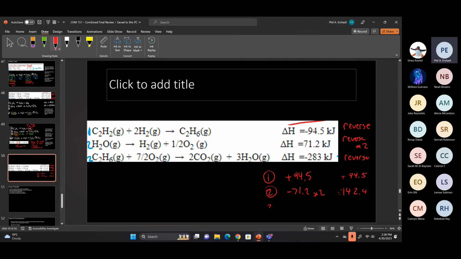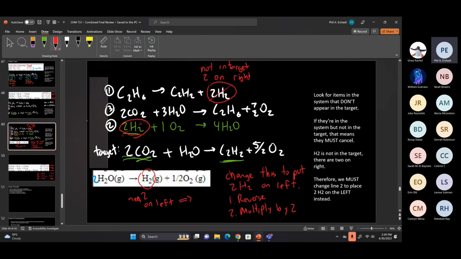And my line 3 was reversed as well, so that'll give me positive 283, and then you add that mess all together, and that'll give you your enthalpy. Now, if you wanted to actually prove that the equation you got was the target, we can do that too.